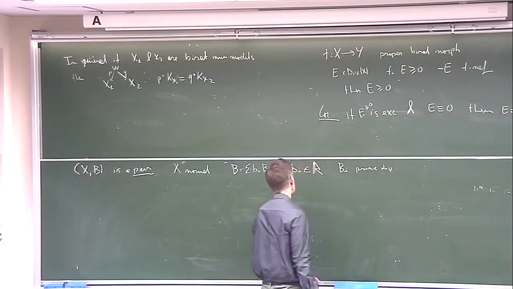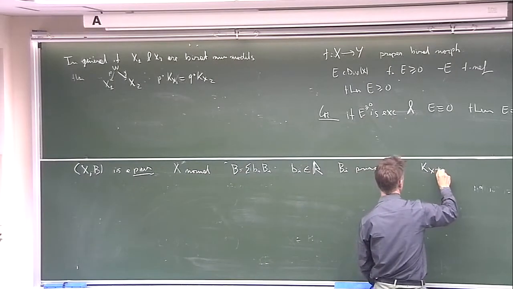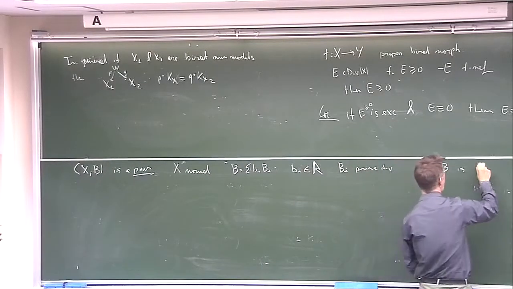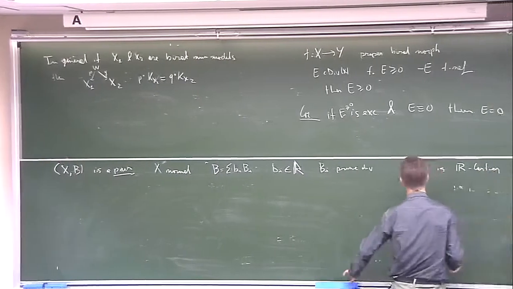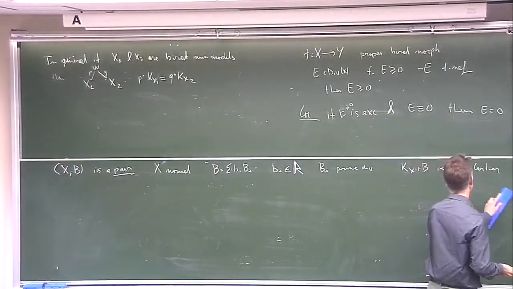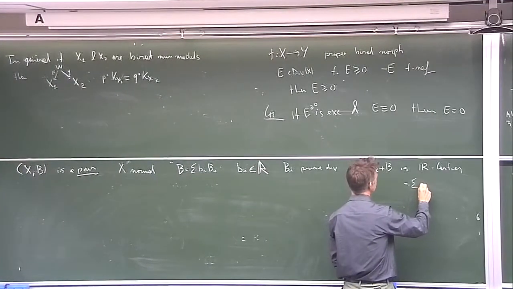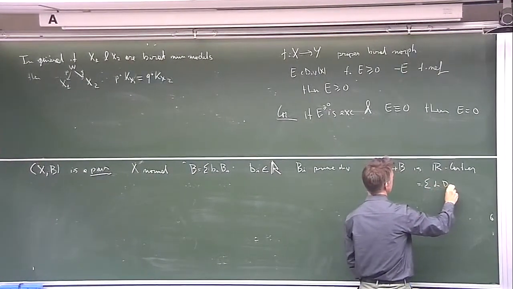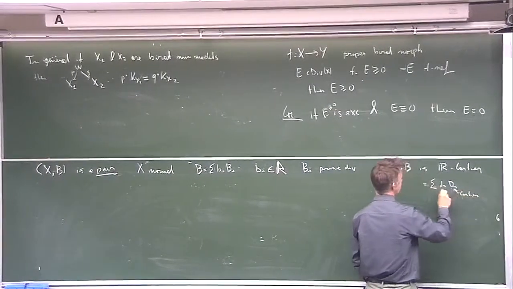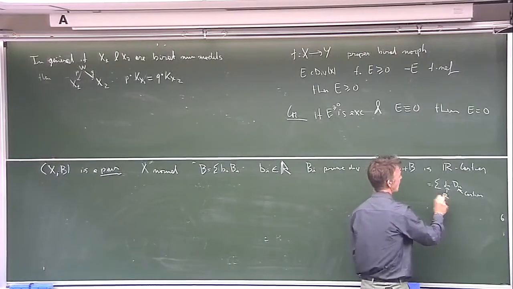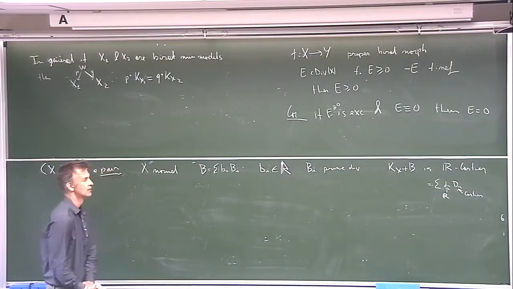Now, the key thing here is that we're going to insist that K_X plus B is R-Cartier. So by R-Cartier, what that means is that it's equal to a sum of d_i D_i, where the D_i are Cartier divisors, and the little d_i's are real numbers, positive or negative. OK.